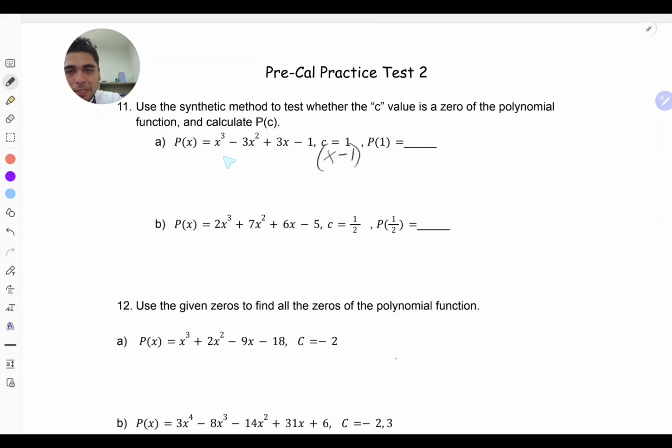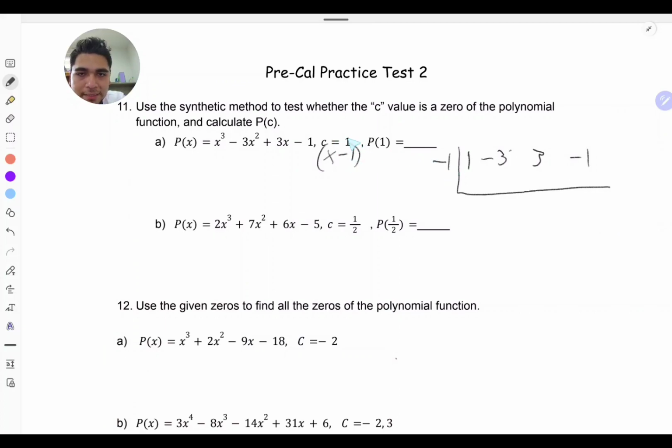So therefore, putting everything into coefficients, again, we're left with 1, because it's 1x cubed, minus 3, positive 3, and negative 1. Okay? And of course, we have a negative 1 here, because that is our coefficient right here. That's where this comes in.